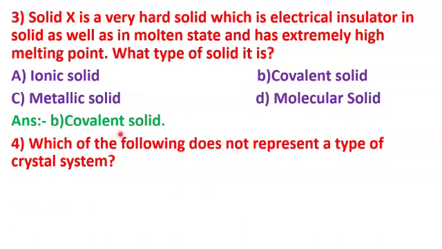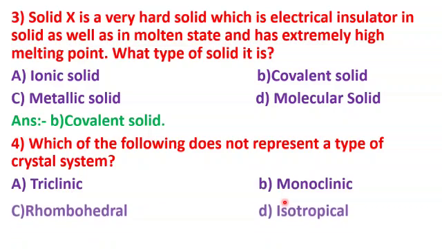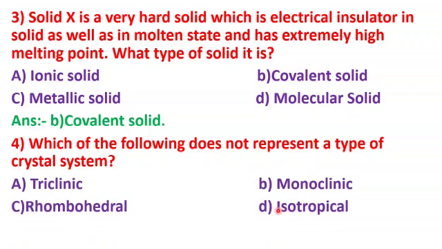Next, fourth one. Which of the following does not represent a type of crystal system? Options A. Triclinic, B. Monoclinic, C. Rhombohedral, and D. Isotropical. So if you consider the type of crystalline system, triclinic is a type of crystalline system.